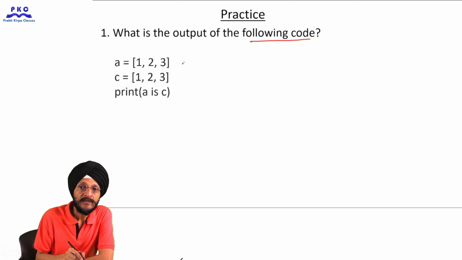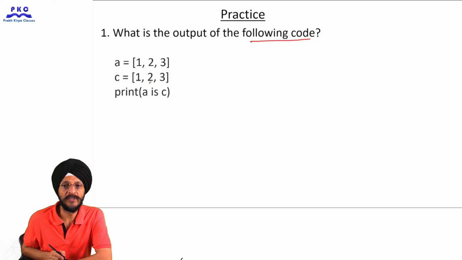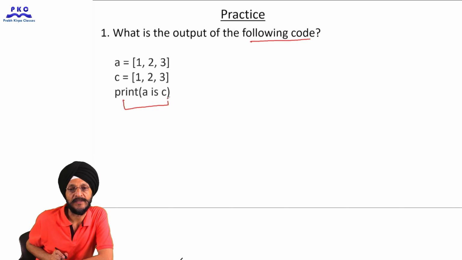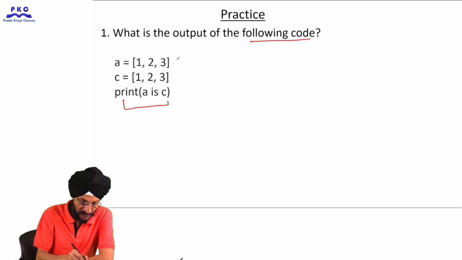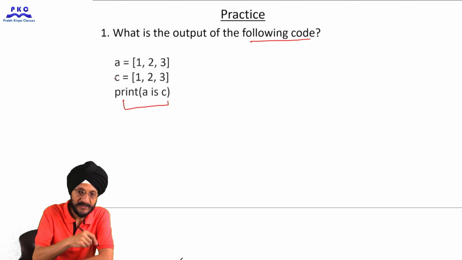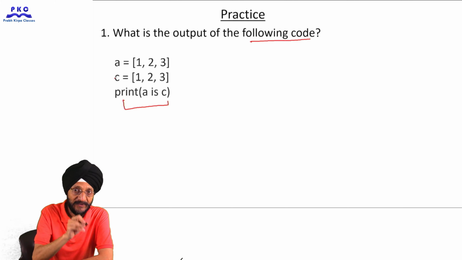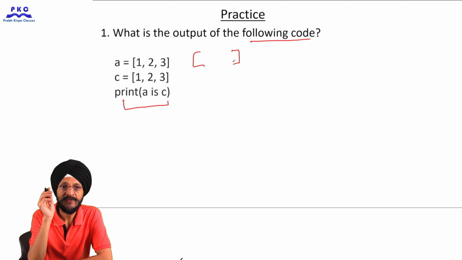So here it is given a is equal to [1, 2, 3], c is equal to [1, 2, 3], and print a is c. First of all, we must understand what is given to us. Here a is a variable, c is also a variable. The information contained in both the variables is the same. You will find that in both the cases, square brackets have been used. It means that these are two lists.